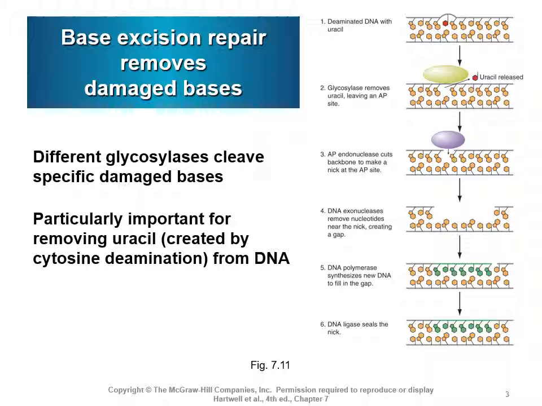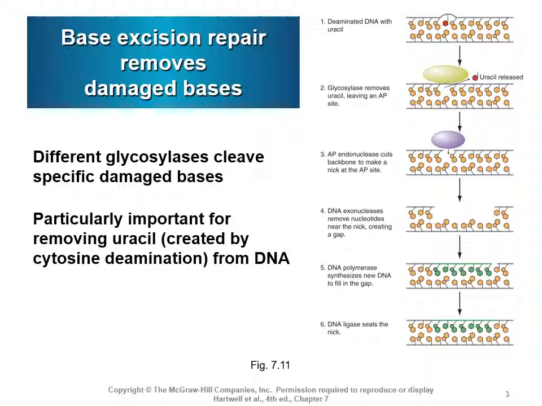It scans the DNA, and wherever it sees a damaged base, particularly uracil, it will cleave that site, cut the bond, and leave an AP site, which is a site that is lacking purine or pyrimidine.